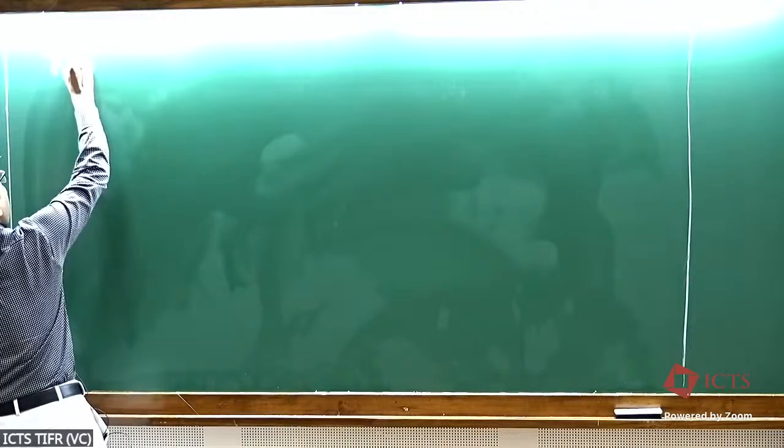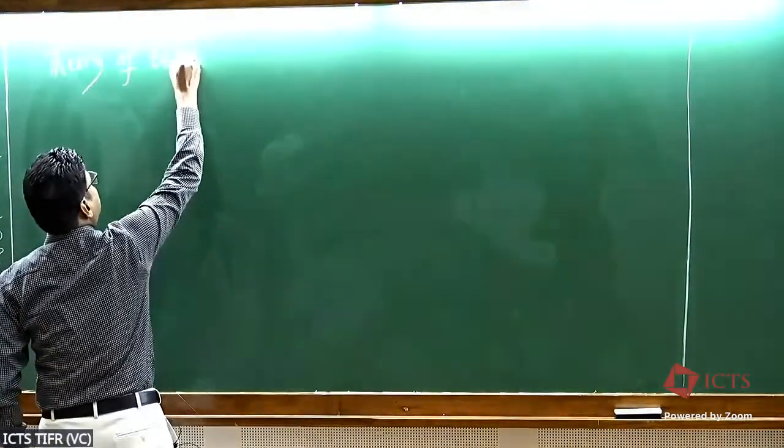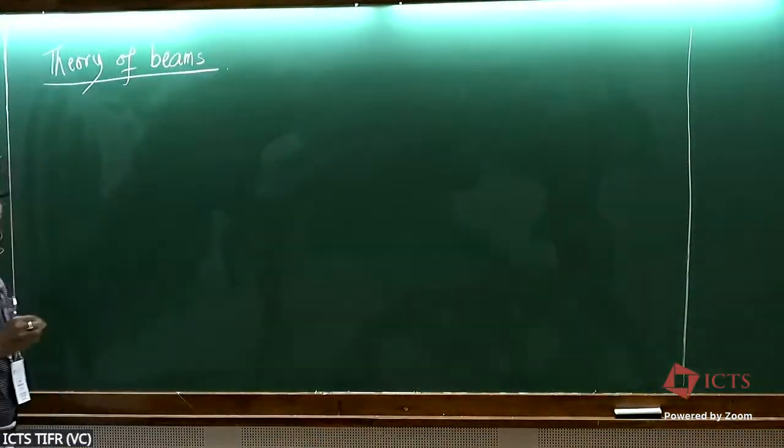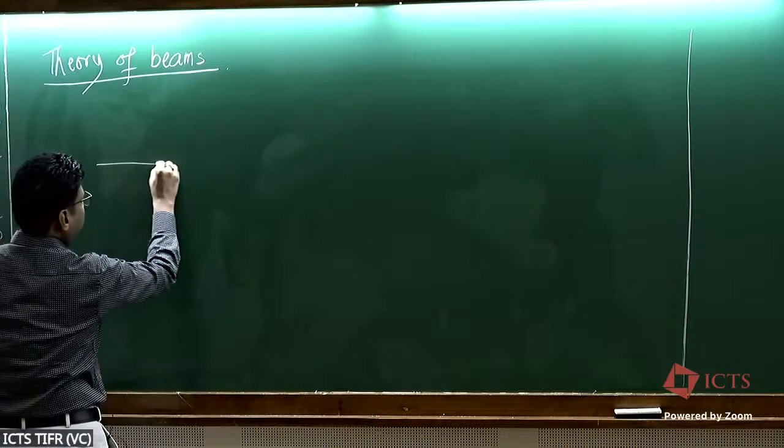So I'm going to talk about theory of beams, and it's classical theory of beams. So first of all, what's the motivation for beam theory? So let me draw a simple beam-like object.